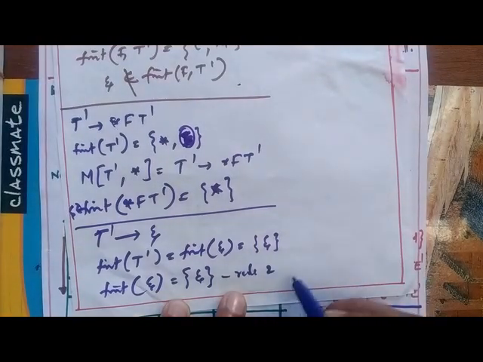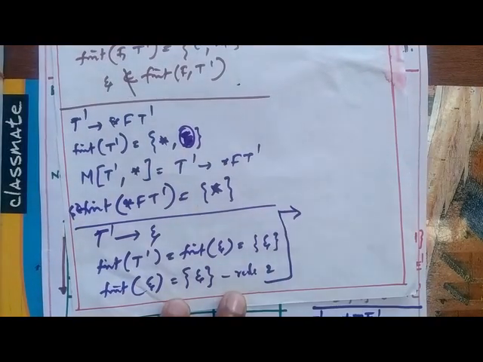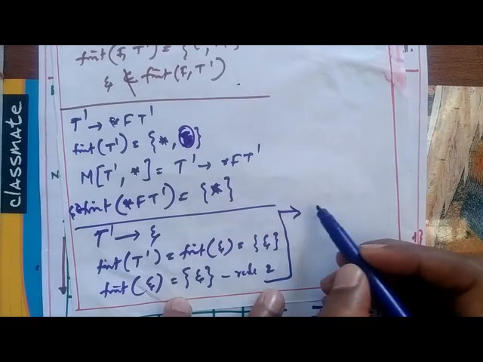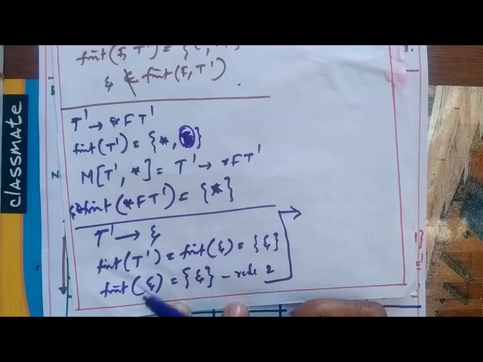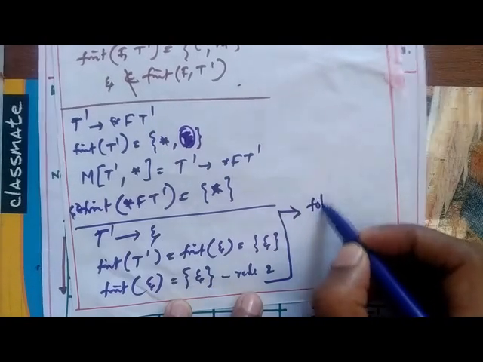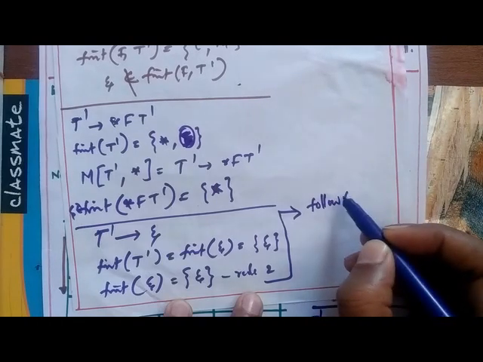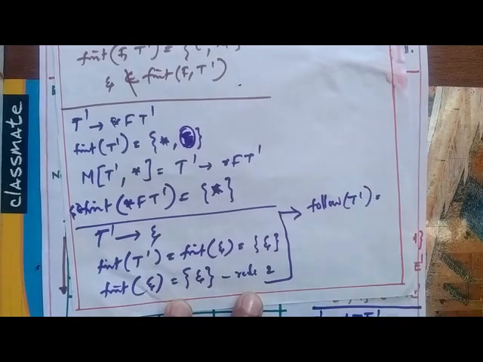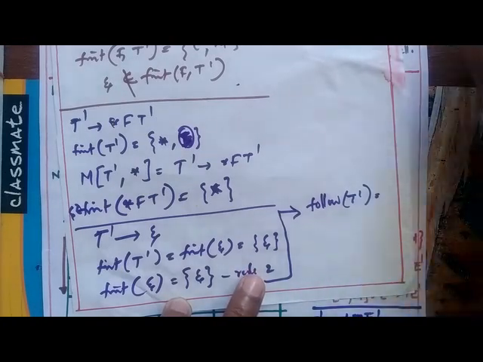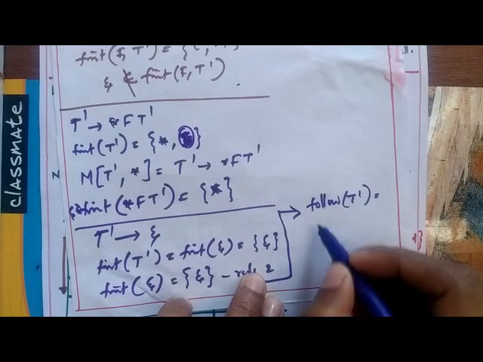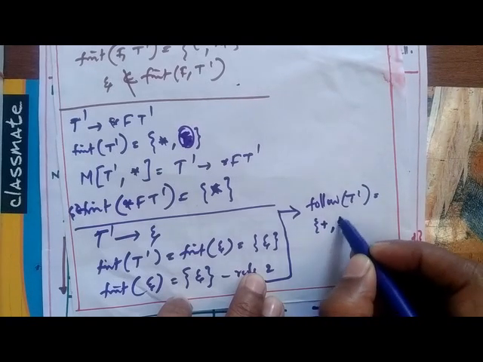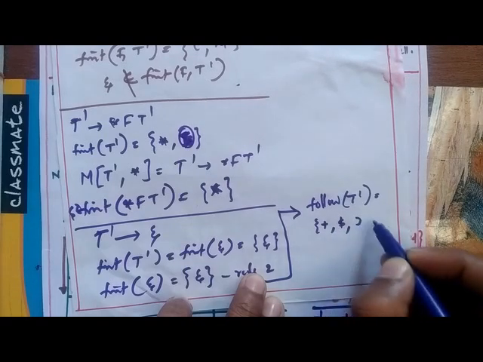Rule 2 is telling us, if epsilon is present in first of alpha, then we need to compute follow of T dash. Follow of T dash is a set containing plus, dollar, and right bracket.